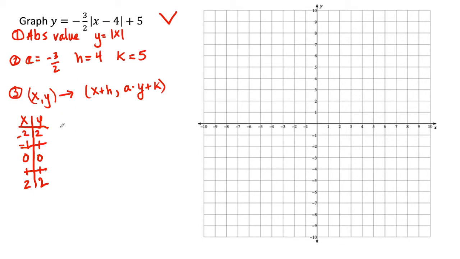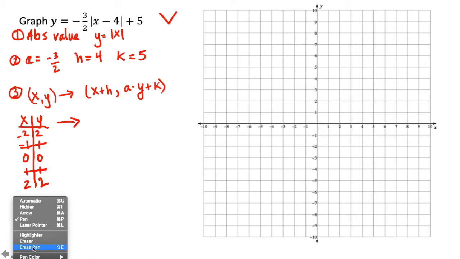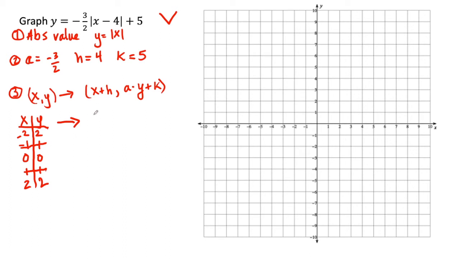It's going to make the math a little bit easier as we map it. So we're going to map this. I'll change the color of my pen. Let's go blue. And again, we're going to map this to a new function, which will be x plus 4, and then a times y plus k.